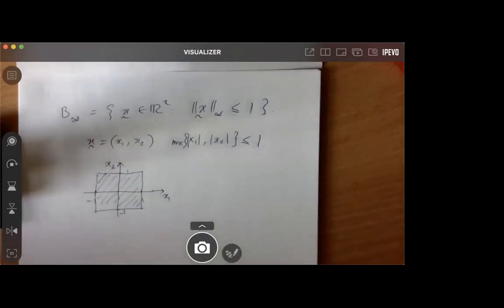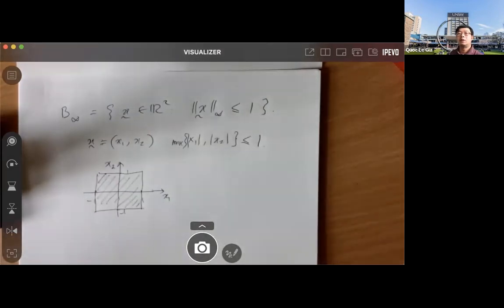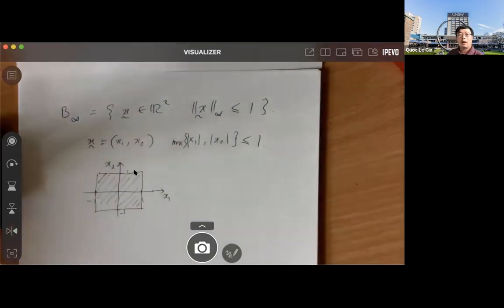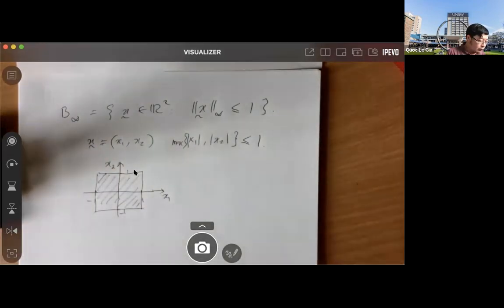So then this region will be the square, right?